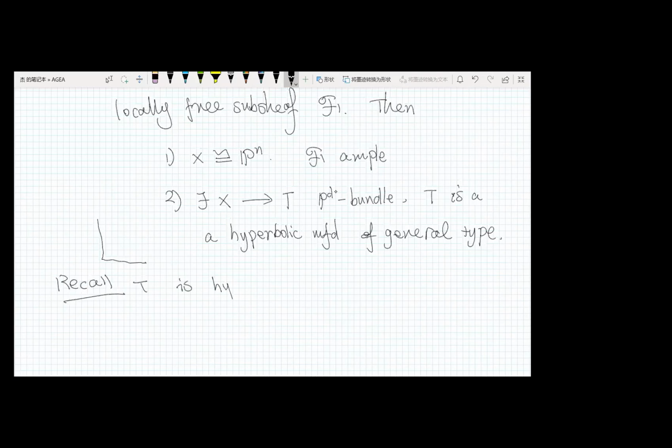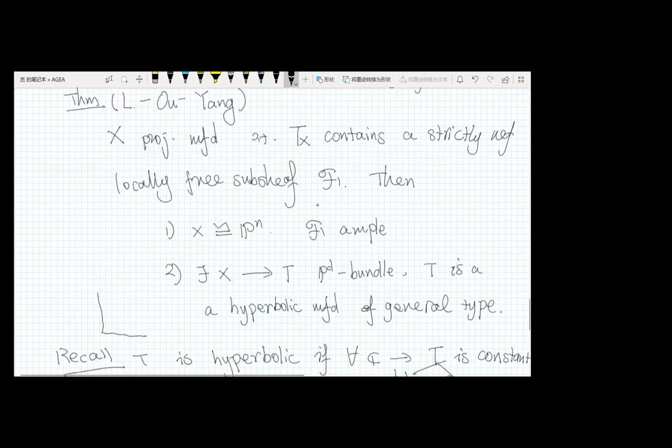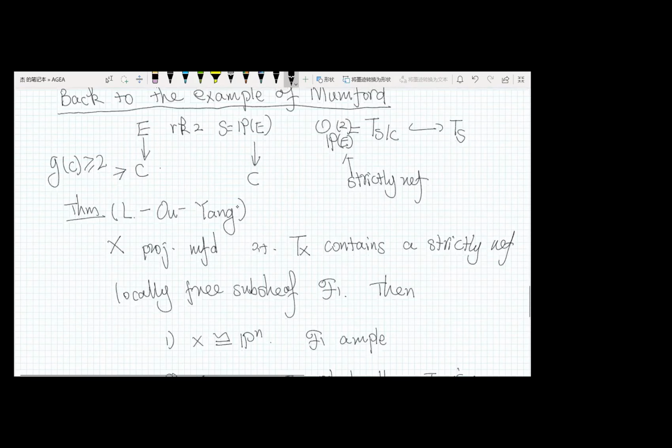That just means any holomorphic map from C to T is a constant holomorphic map. So for a curve, hyperbolic just means the genus of the curve is at least 2. This is well known.